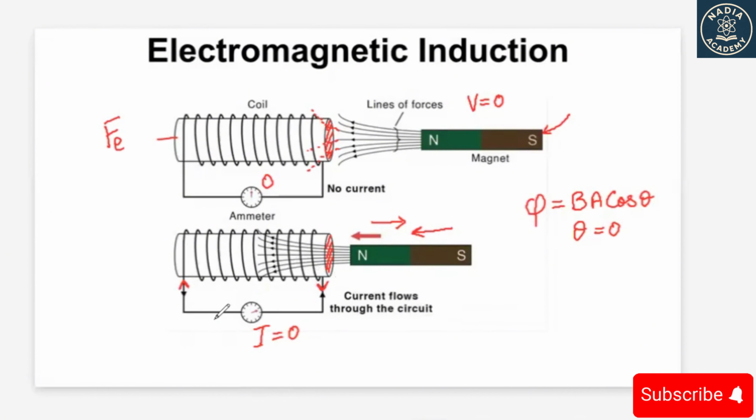First, if it was going like this, now it is going the other way around. So what is happening is that when we move the magnet towards or away, the flux linkage with this coil is changing. And this change is the main reason for the induction in this coil.